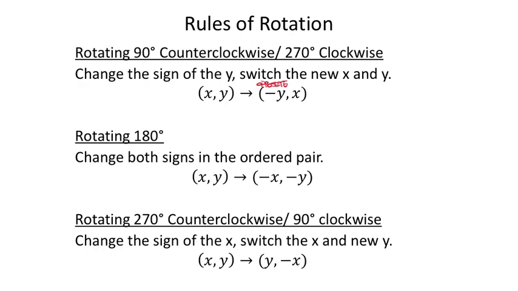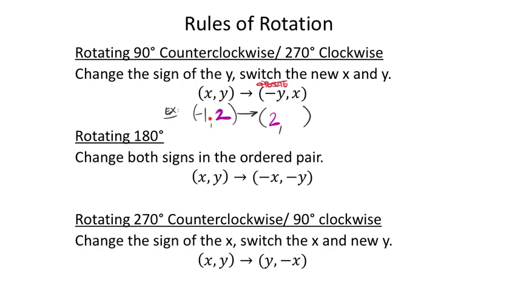So, for example, if we were to have an ordered pair, like this one, we'll just say -1, 2, like this. So this would be the pre-image ordered pair. And if it goes through either a 270 degrees clockwise or 90-degree counterclockwise rotation, then what I would do is I would take this y value here, 2, and now it becomes the new x value.